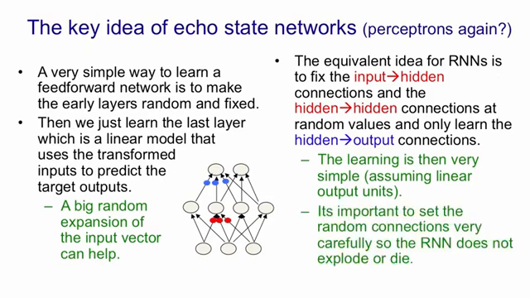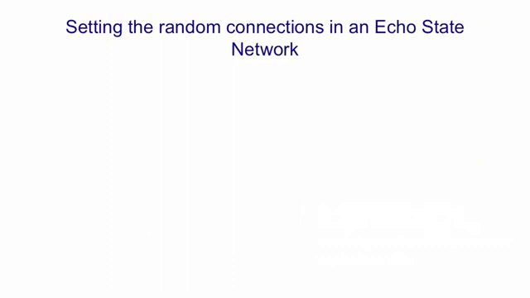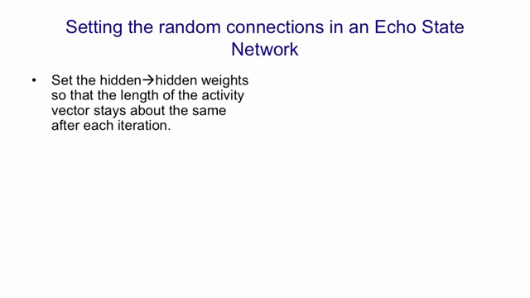This approach is only ever going to work if you set the random connections very carefully so that the recurrent neural network doesn't die out with no activity and doesn't explode. So the way they set the random connections in an echo state network is they set the hidden-to-hidden weights so that the length of the activity vector stays about the same after each iteration.